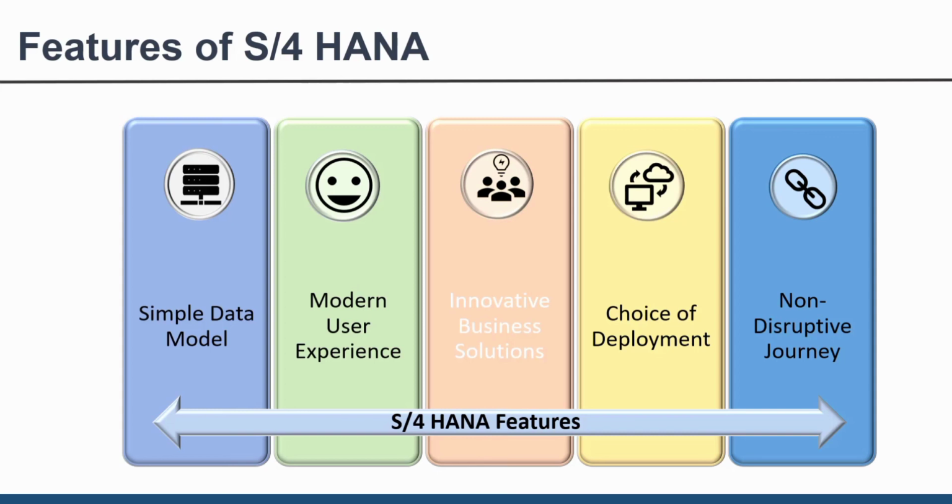So there is a backward compatibility that SAP has already given to ensure that the business will not lose any existing data. So that is the idea of non-disruptive journey. That means without disturbing the existing business, without disturbing the existing data, you can still move from ECC to S4HANA.